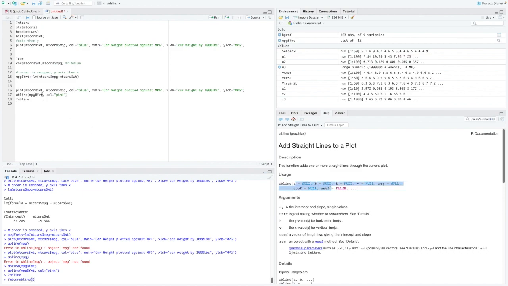If I didn't put in a linear model, I would have gotten the exact same answer if I had put in abline with my A equal to negative 5.34 and my B equal to 37. I could have done that as well.